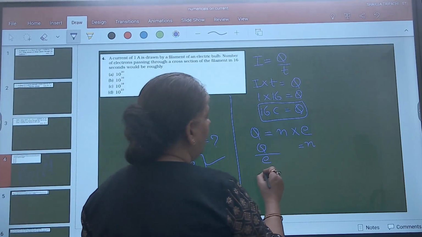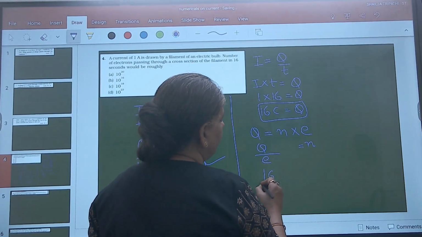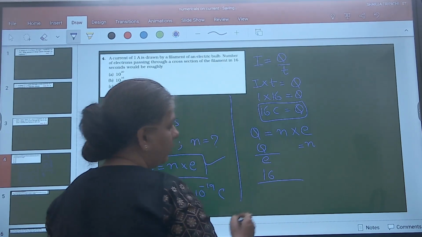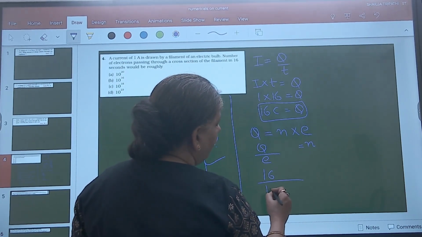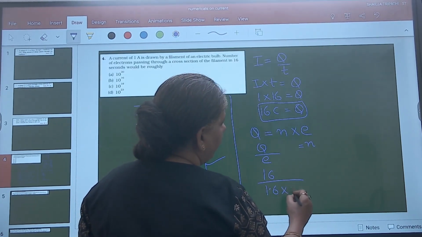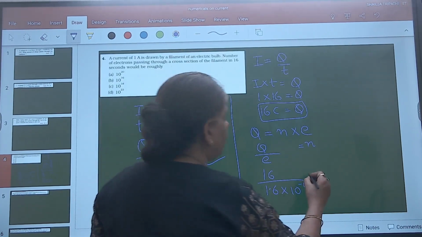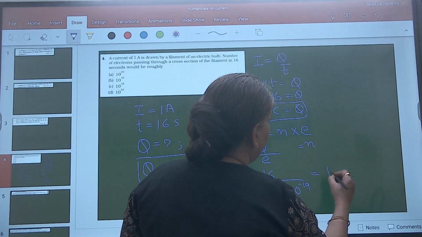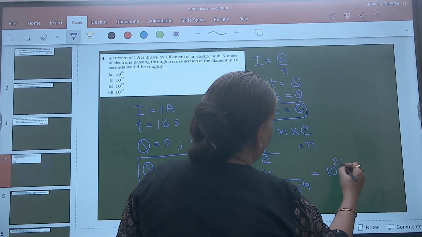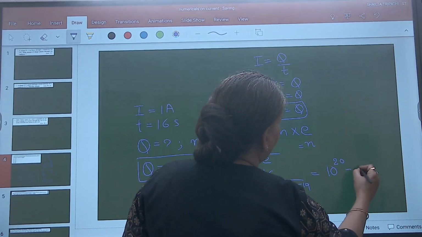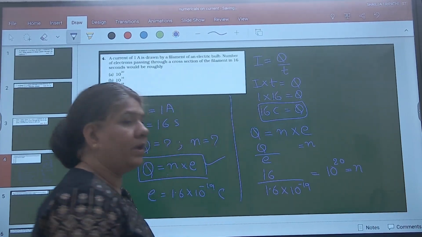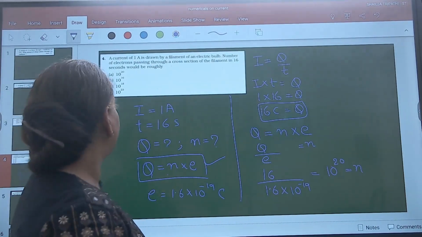So we get total charge 16 coulombs divided by 1.6 into 10 raised to the power minus 19. On solving you will get 10 raised to the power 20. So this many electrons are flowing through the filament.